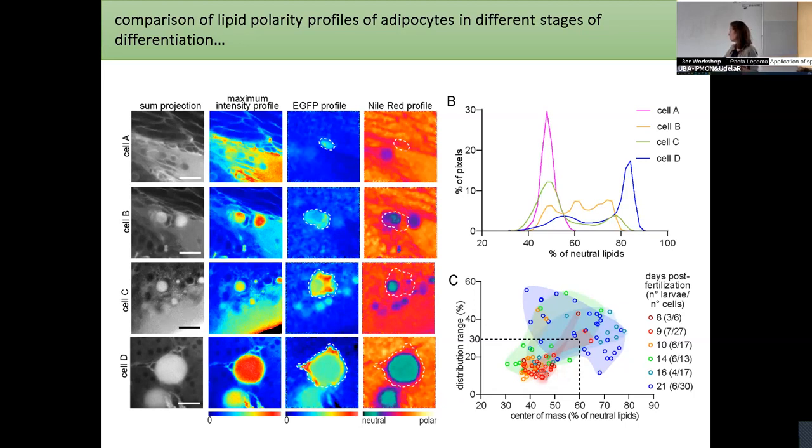But when we look at larvae from older stages, we are beginning to see distributions that are broader, okay? So we have a mixture of polar lipids and neutral lipids, and some cells that have more narrow distributions and a high content of neutral lipids. So this showed that this is a nice tool to analyze and quantify how the cells pass through the differentiation process in vivo.